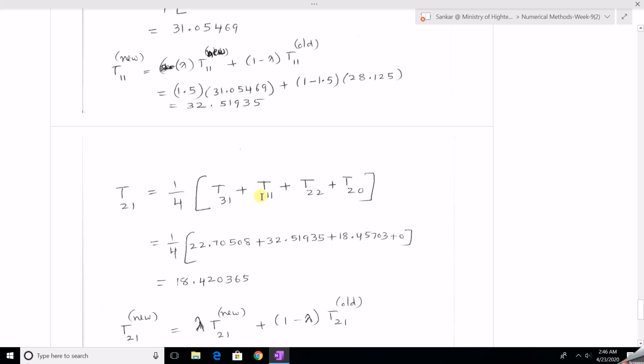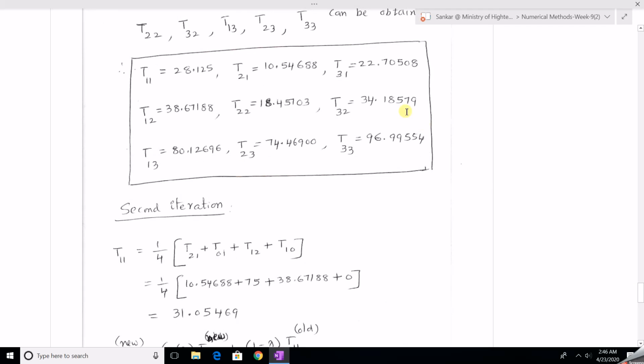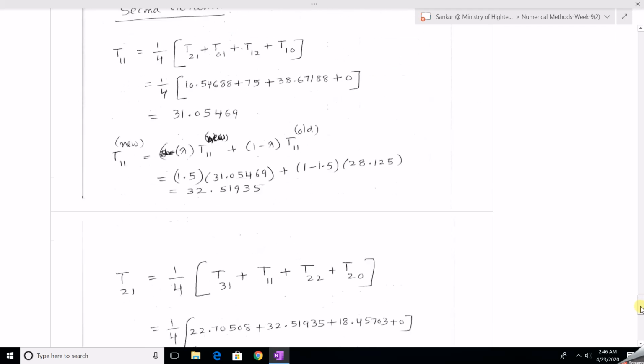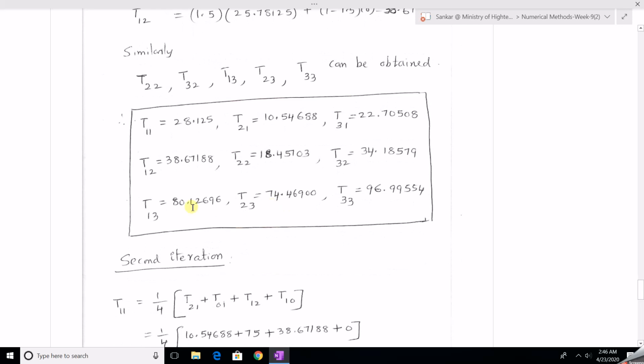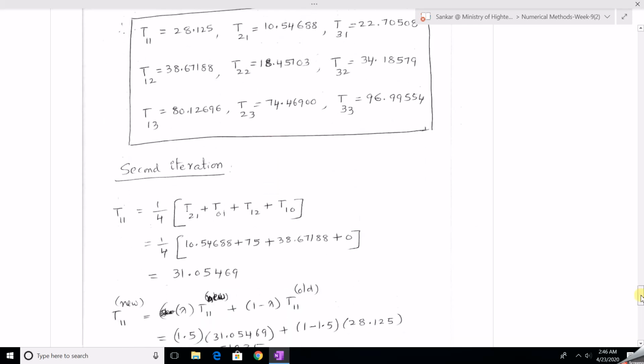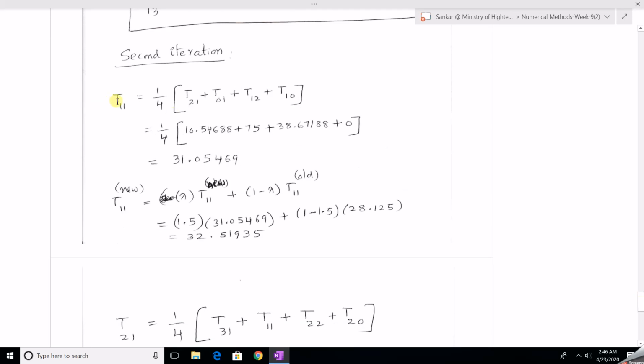Wherever we are finding the approximations, we make use of the latest approximations. For T31, the latest one is the value in the first approximation. But when it comes to T11, we don't use the value in the first approximation, because we already got the latest approximation of T11, which is 32.51935.